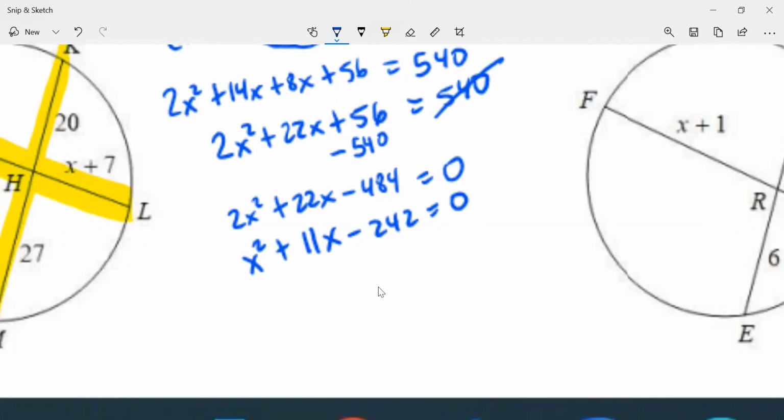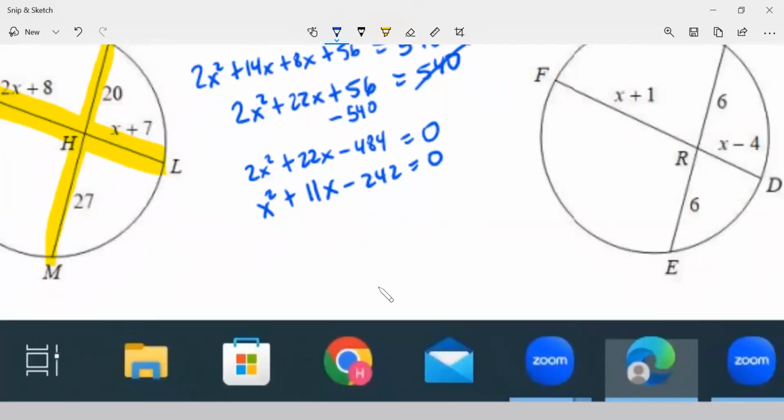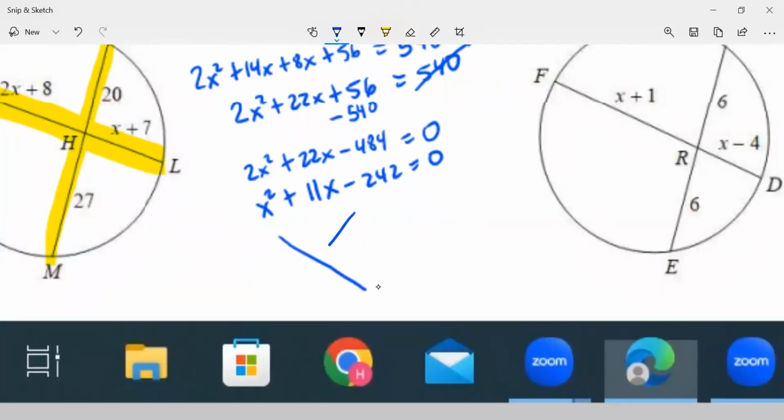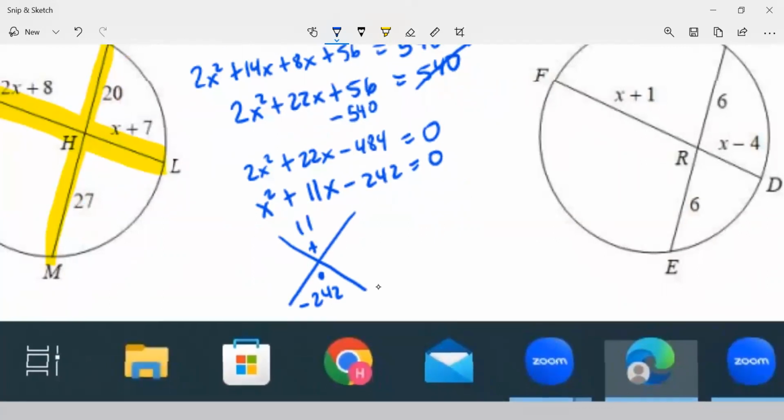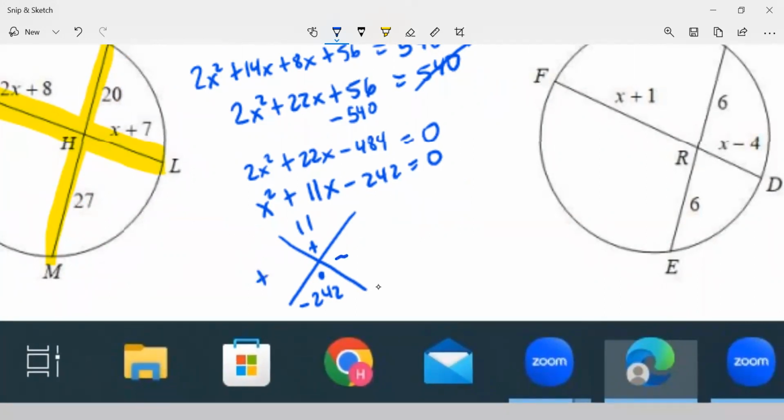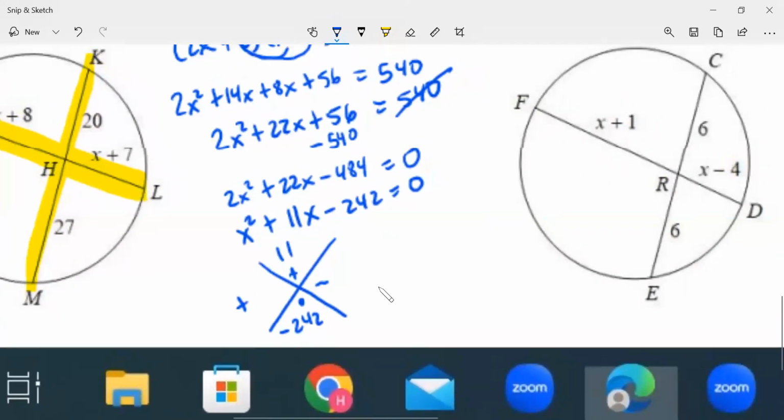So now I remember my teacher used to do this thing called the diamond, and I'm looking for two numbers that multiplied equal negative 242, but when I add them equal positive 11. Because multiplied equals negative, I know my signs are different.